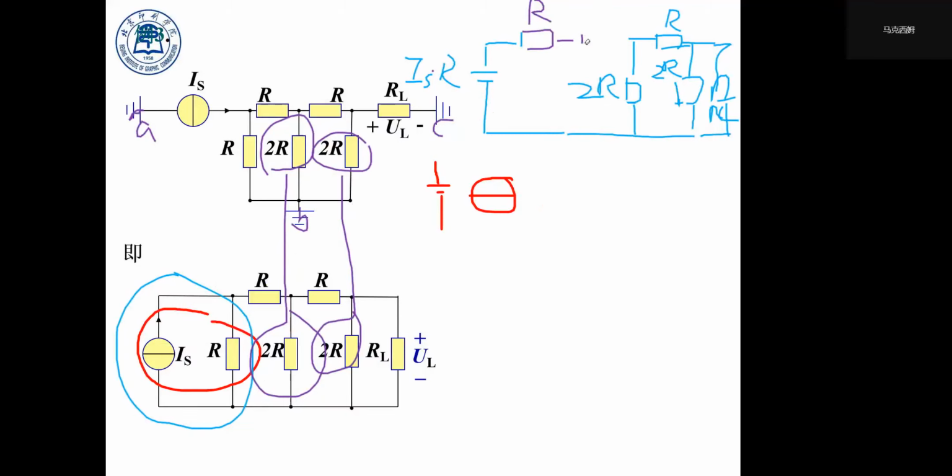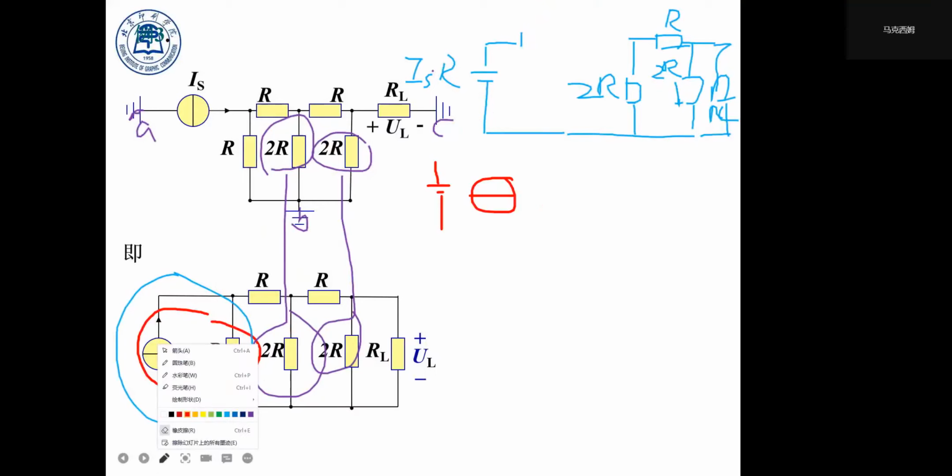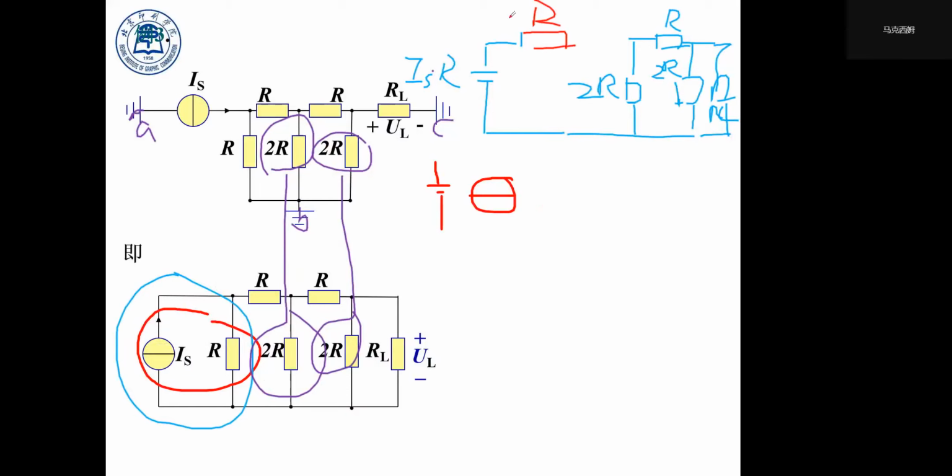So we just combine the two single R resistors into one 2R resistor. Do you understand this part? Could you follow? Yes, yes.